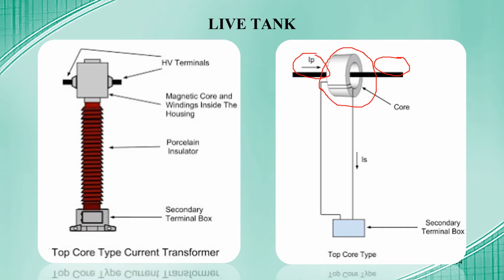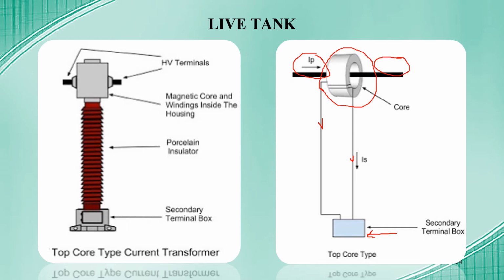After this core, the secondary current will flow in this direction and you will find over here a lower rating current in the secondary terminal box.